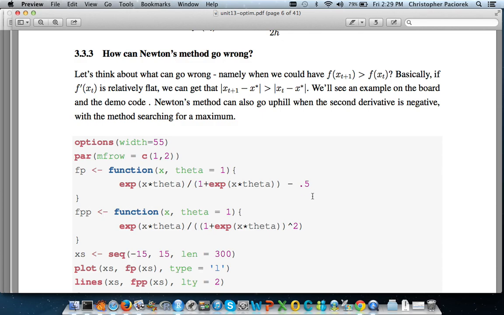So what's happening in the second derivative here? The second derivative here is positive, and then the second derivative here is 0, right? And then the second derivative is negative over here.